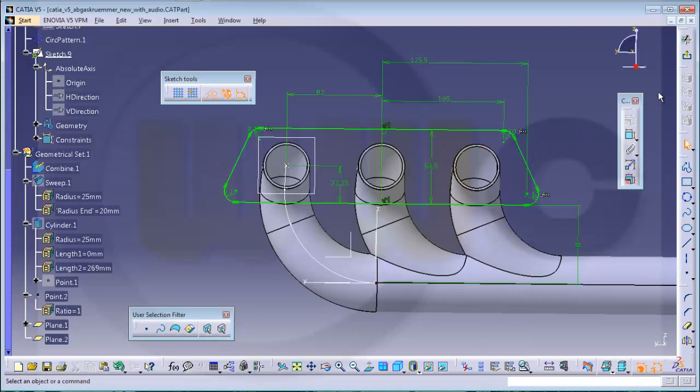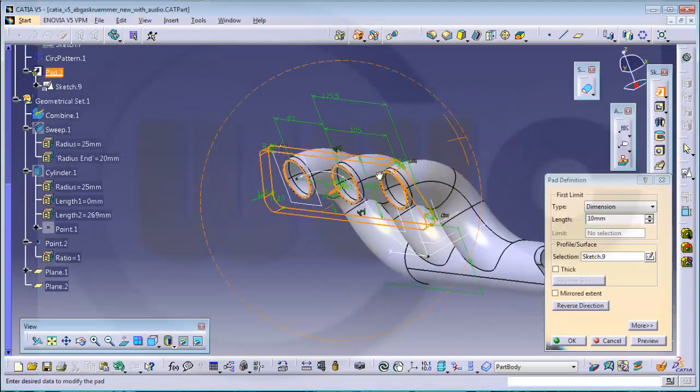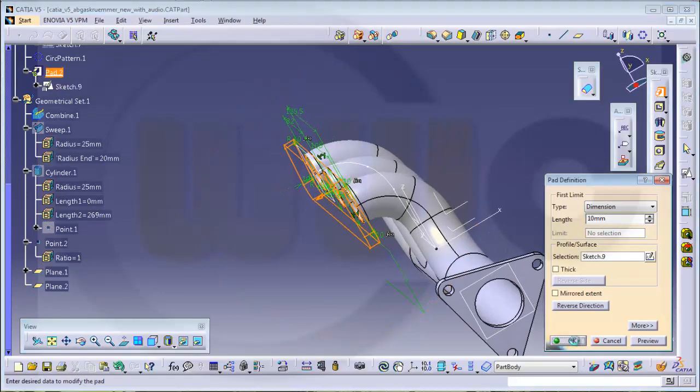Now it's user constraint. Make an extrusion. This is again 10. Okay.